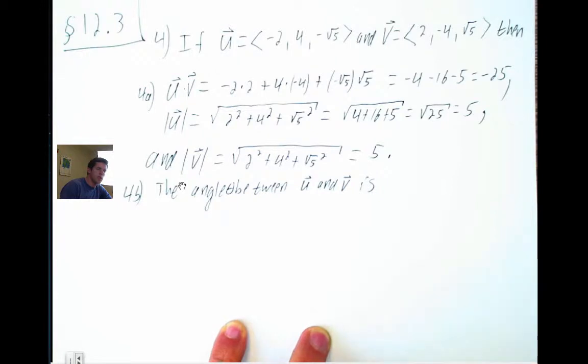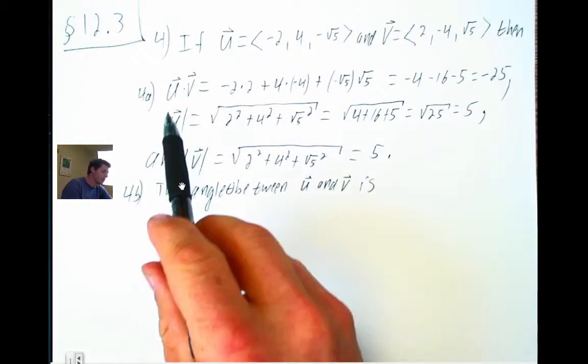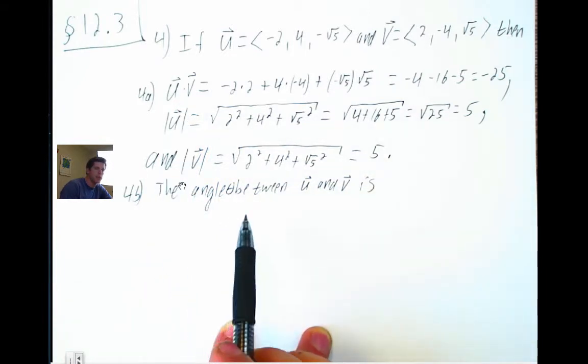Now what's new to section 12.3 is the idea of an angle. Oh, well, besides the dot product. The idea of an angle is new in this section.